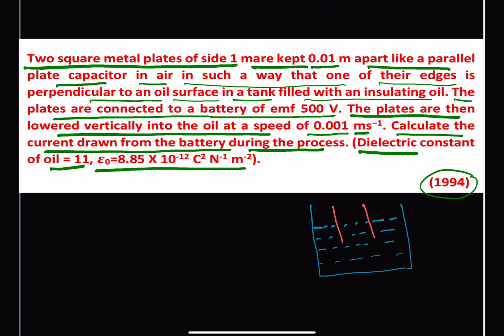So these are the plates of the capacitor, which will be perpendicular to the oil, and the velocity of the lowering is given to us. Let us assume that at any given moment the distance of these plates in the oil is x. So outside will be equal to 1 minus x.